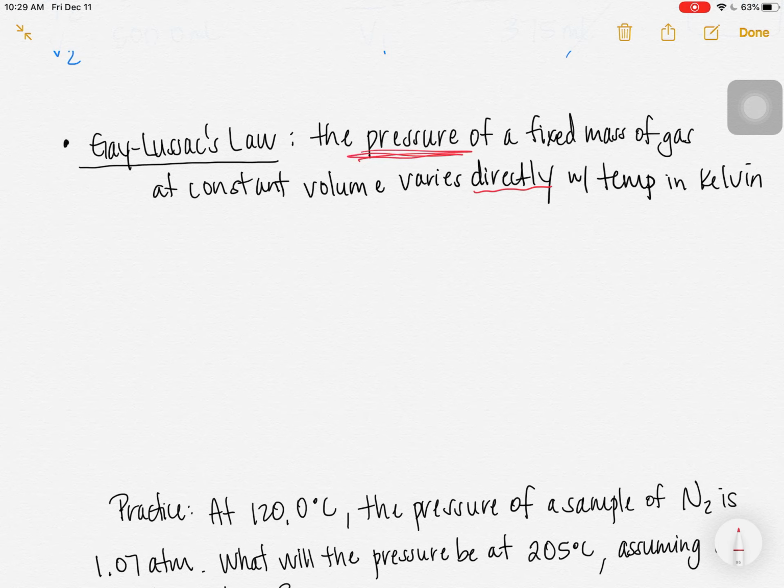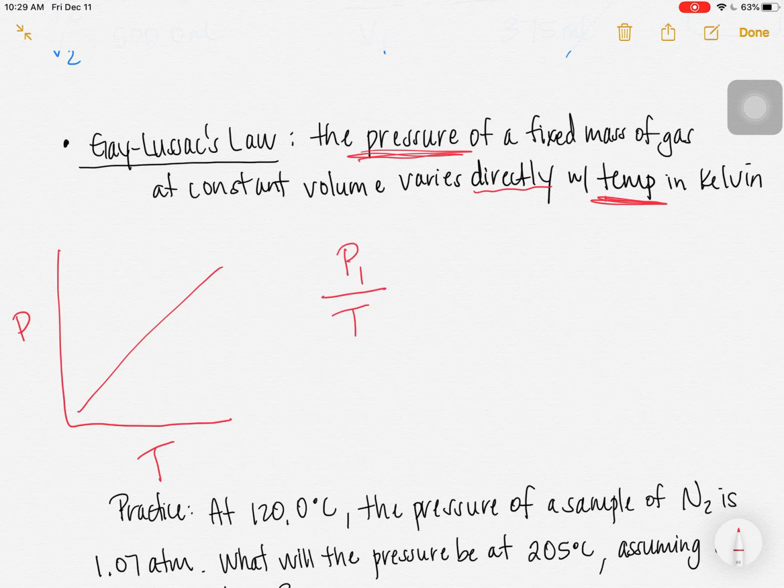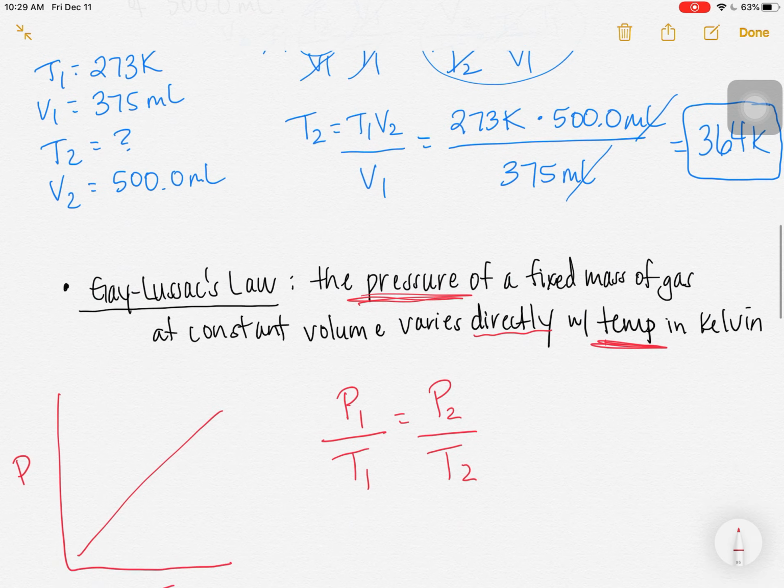Again, I've got a directly proportional relationship, and I'm talking about pressure, and I'm talking about temperature. So it's going to be very similar to the last law we just did. If it's a proportional relationship, this time I'm talking P and T. It's going to look like that straight line again. And my equation is going to look very similar to the one we just did.